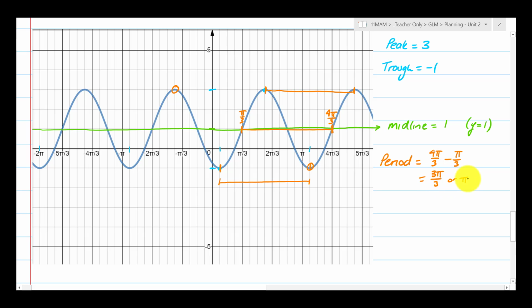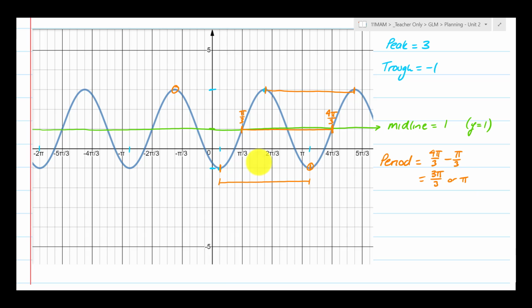That's my period. It's interesting that I've got a nice even number there, but it's just a difference calculation. It's what you learn in primary school about subtracting. It's got a few pi's, but as long as you can subtract fractions, or if you're working in a tech active exam, you could always just tech active it.